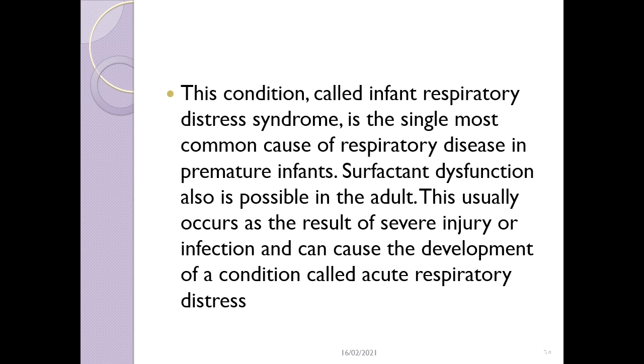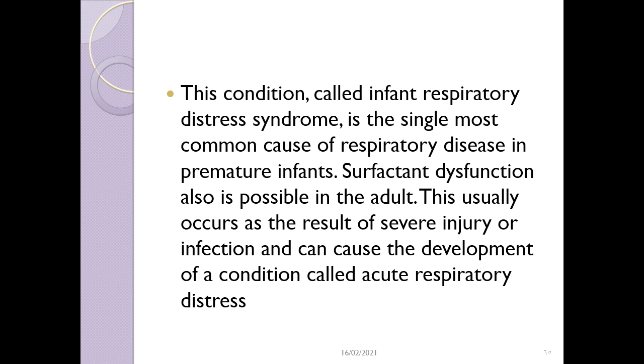This condition, called infant respiratory distress syndrome, is the single most common cause of respiratory disease in premature infants. Surfactant dysfunction is also possible in adults. This usually occurs as the result of severe injury or infection to the lung and can cause development of a condition called acute respiratory distress.